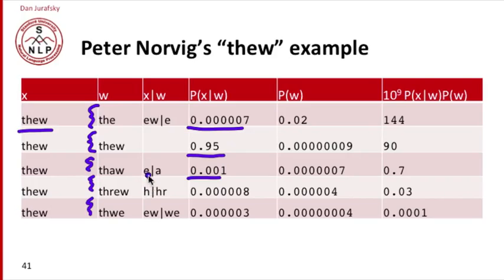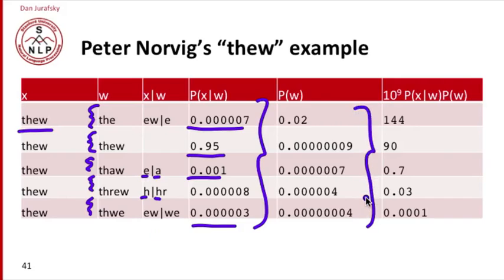We have the probability of a substitution of an A being substituted by an E, or of an R being deleted after an H, and so on, that we can compute just from our channel model. So here are our channel model probabilities. And again, we have our language model probability just as before. These are examples that Peter Norvig computed from the Google Ngram counts.